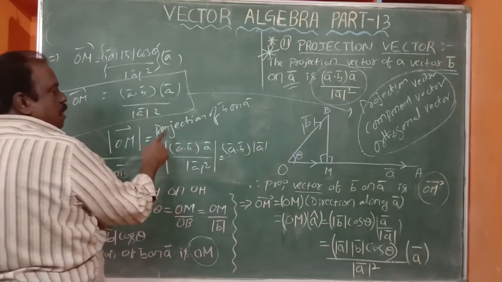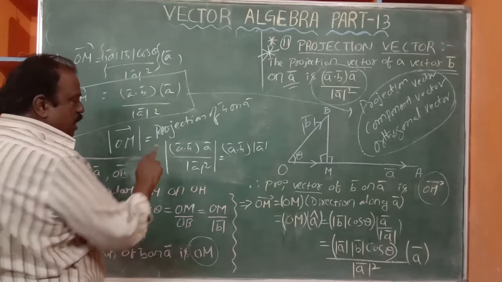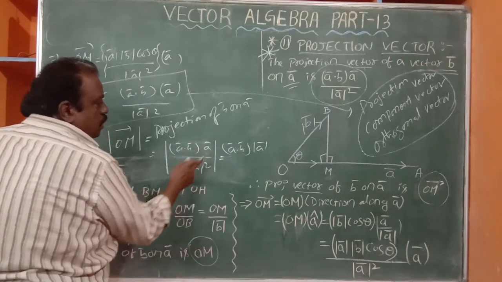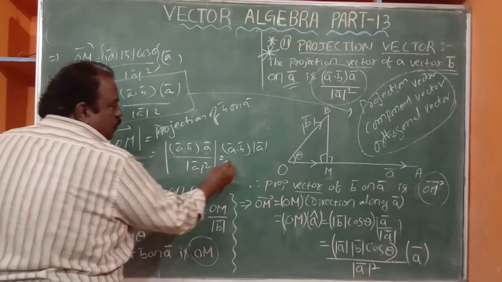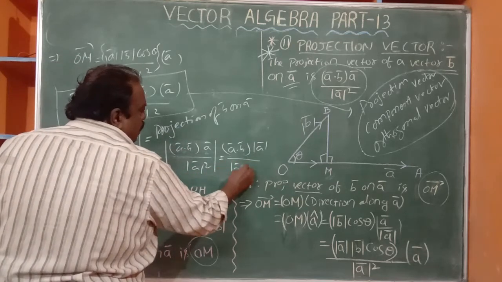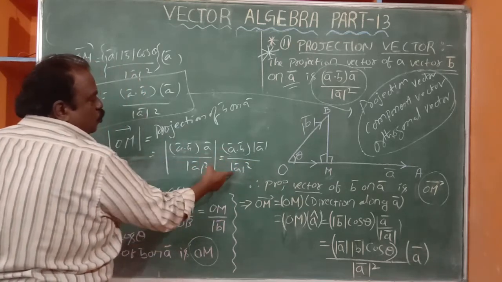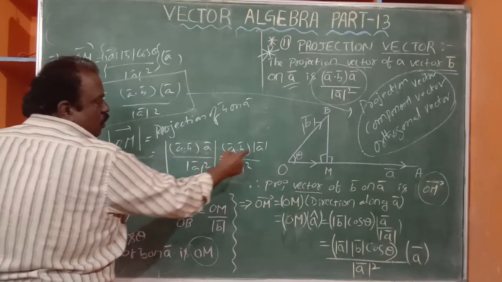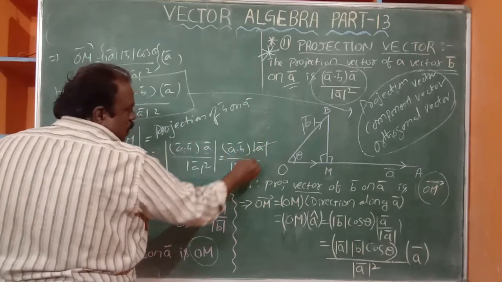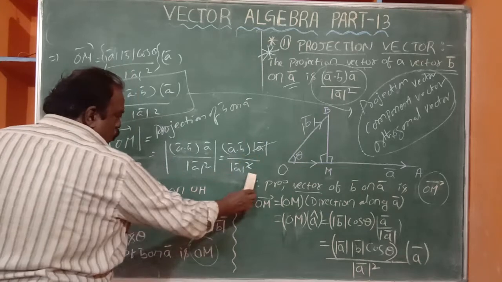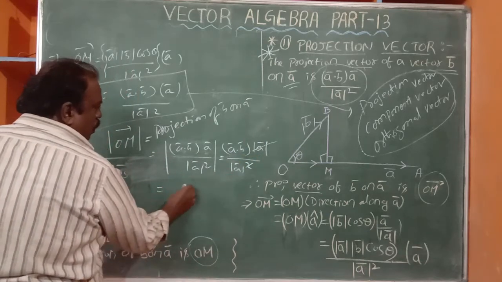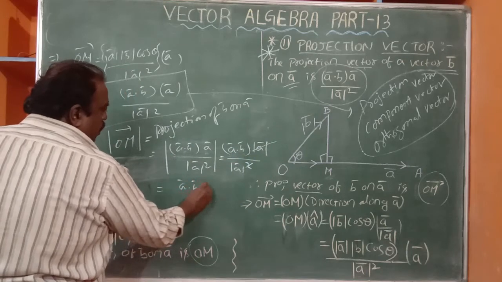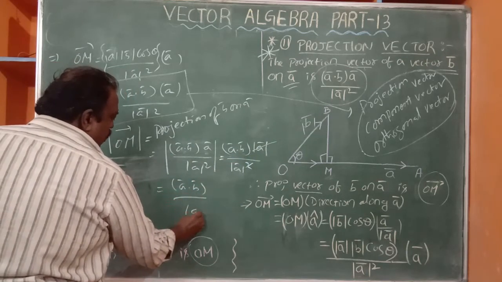The modulus of a number is meaningless. Modulus is only for vector. Here only the vector. The number, it is also a number. So it is not containing the modulus for these two. But for A bar only modulus is there. So this modulus square cancels. So again we get, you see, A bar dot B bar by mod A bar.